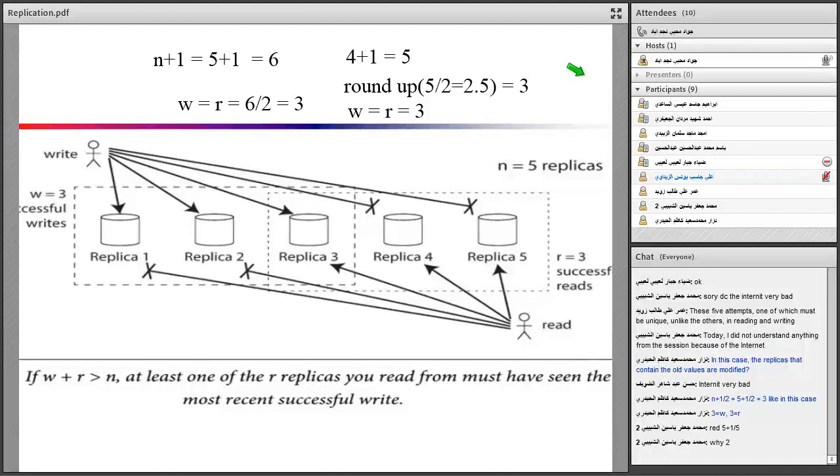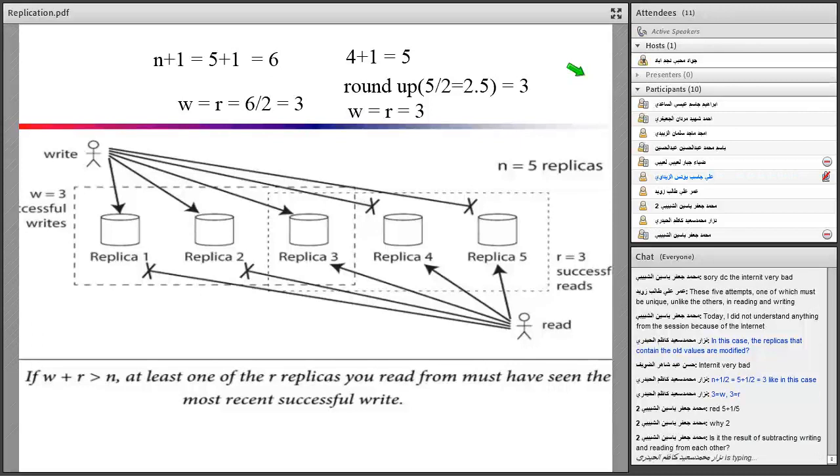Mohammed Jafar asked, why 2? Why divide by 2, Mohammed? Is it the result of subtracting writing and reading from each other?